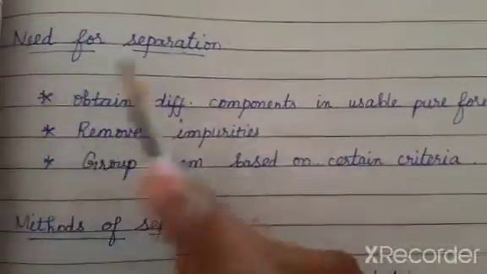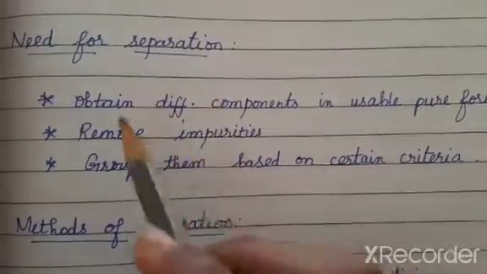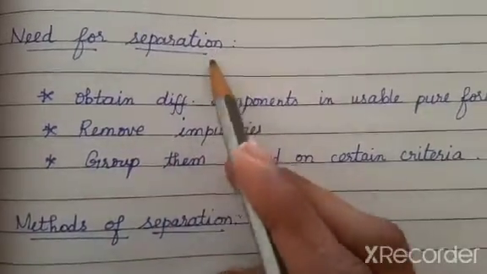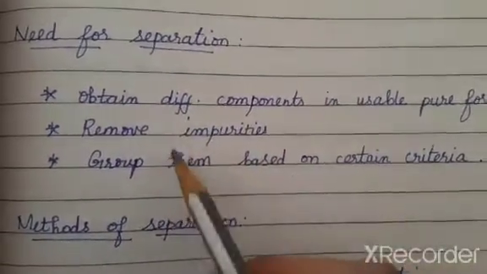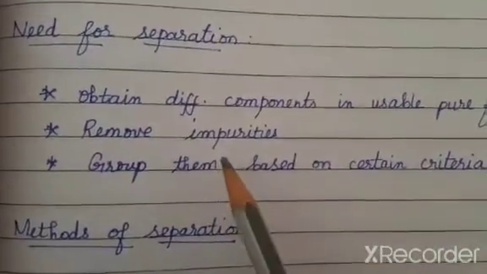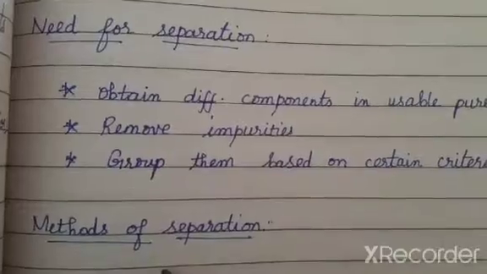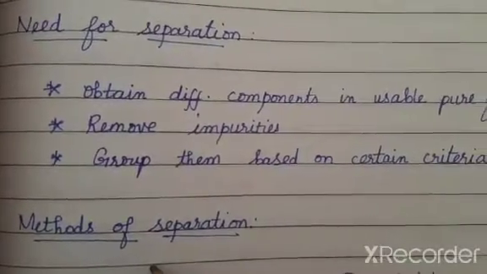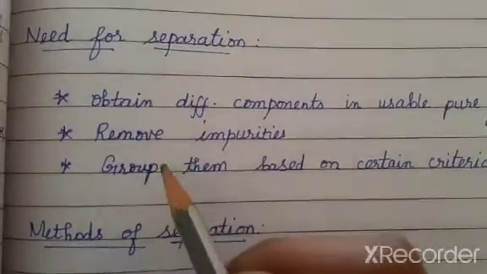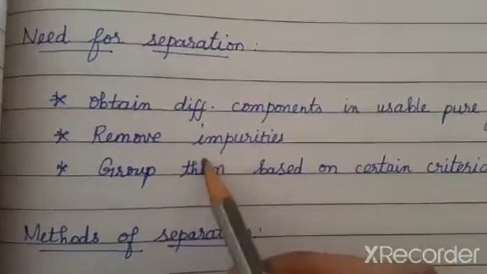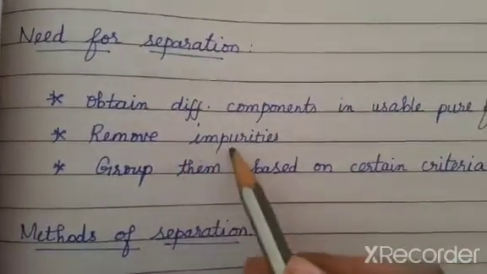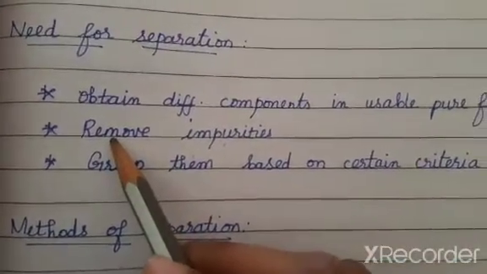Next, need for separation. What is the need to do the action of separating? What are we going to obtain by separating some kind of materials from a mixture? What is the use? So by separating, I can remove the unwanted particles. The impurities can be removed.